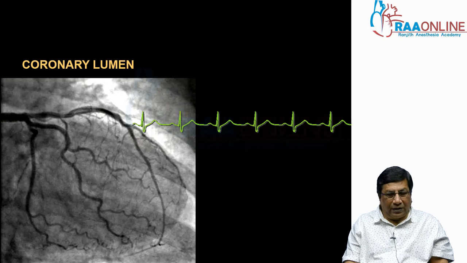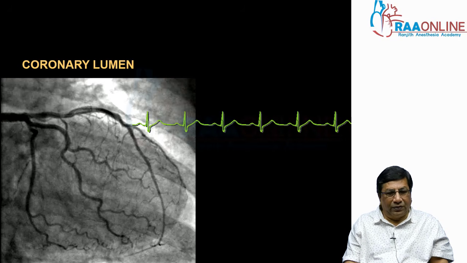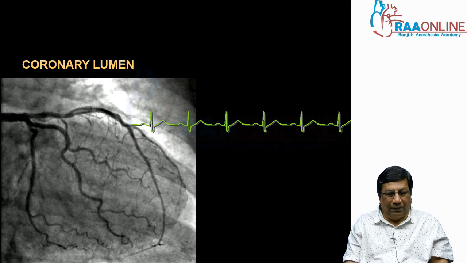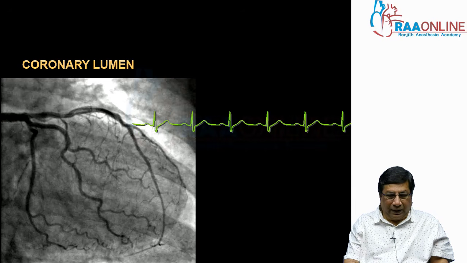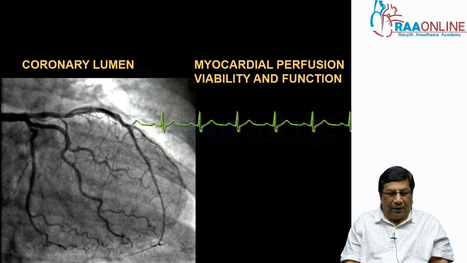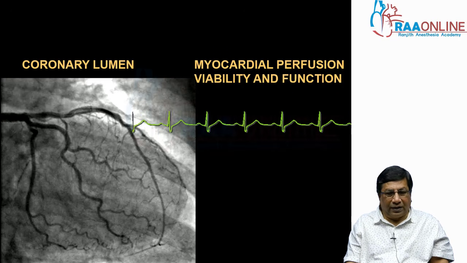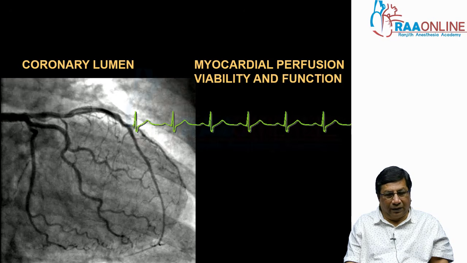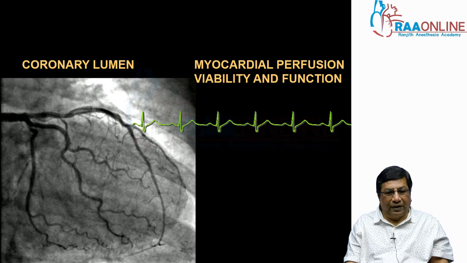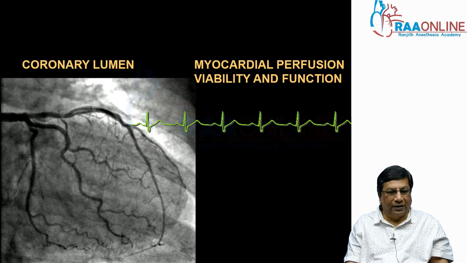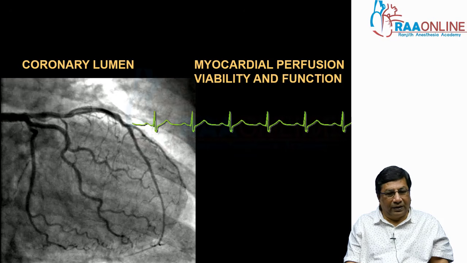Coronary angiogram is a luminogram. It gives you the lumen of a big epicardial coronary artery, whereas the ECG gives you ultimate myocardial perfusion. It tells you whether the myocardial cells are receiving the blood or not. For example, if you imagine a river and the river is supplying the plant through the big canals and small pathways, ultimately the plant gets water.